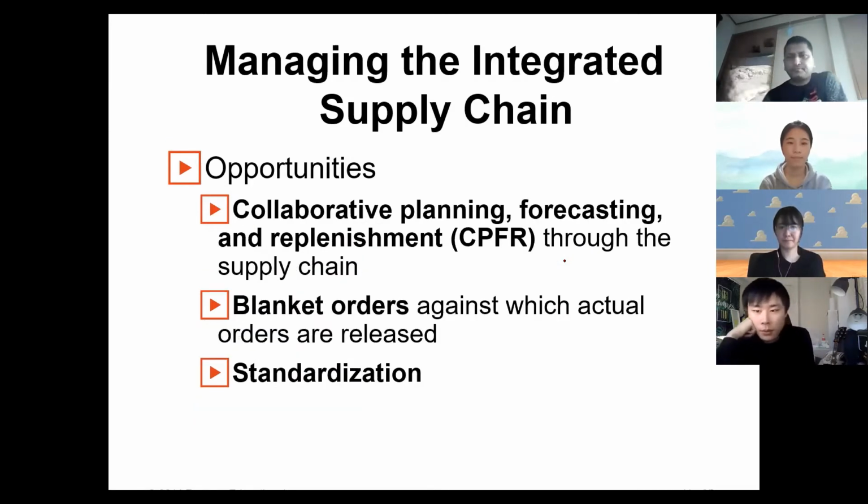Okay, again, the opportunities for having good, accurate information through collaborative planning, forecasting, and replenishment system throughout the supply chain. So all the players must not be secretive. If every player tries to be too protective of their own system, then it will not be able to be efficient.